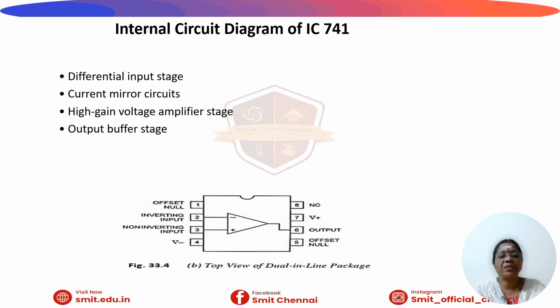The input stage is a differential amplifier which consists of Q1 through Q7. The intermediate stage consists of transistors Q16 and Q17, and the level shifting stage utilizes transistor Q16. The output stage is a complementary push-pull amplifier which consists of transistors Q14 to Q20, and short circuit protection is given by the transistors Q15 and Q22.